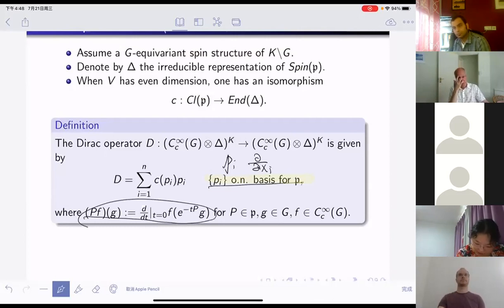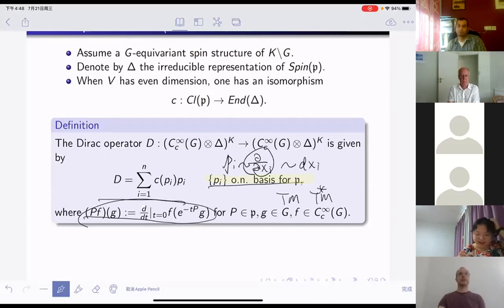And also, because we identify Tm and Tm star, this is also linked to dxi. So this is essentially the true Dirac operator if one has the right spin structure on the manifold.